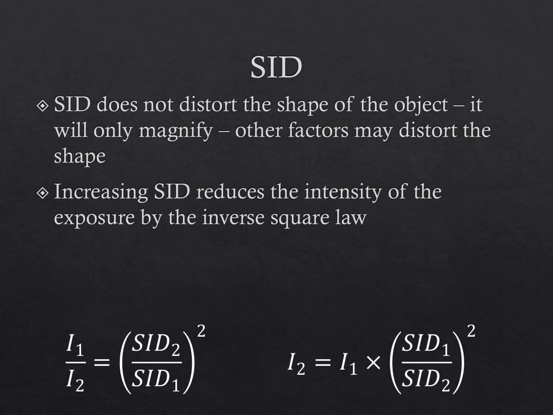In essence, you could shoot everything at 72 inches, or at 100 inches, if you wanted to. It just doesn't matter. If you do that, you have to figure out how to modify your exposure factors so that you still have enough photons reaching your image receptor. I just have to use this theory of how the intensity of my exposure reduces.